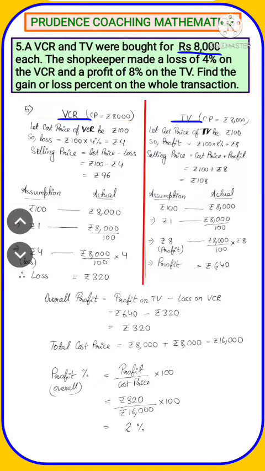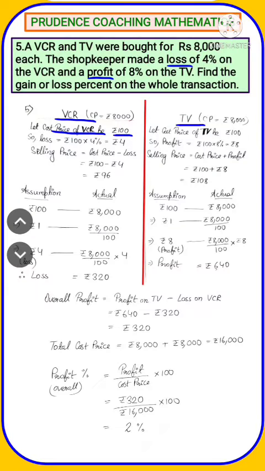Now we will start with the VCR. As I have discussed in previous classes, whenever we are dealing with profit, loss, CP, SP, you always need to assume the cost price of the article to be rupees 100. So we will assume the cost price of the VCR to be rupees 100.